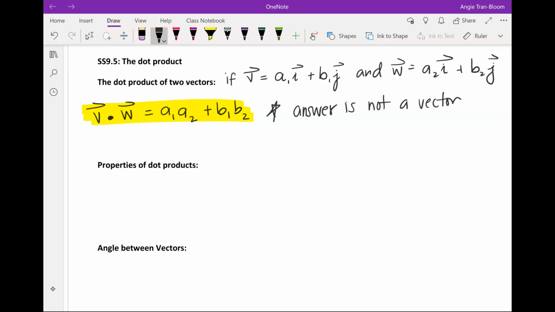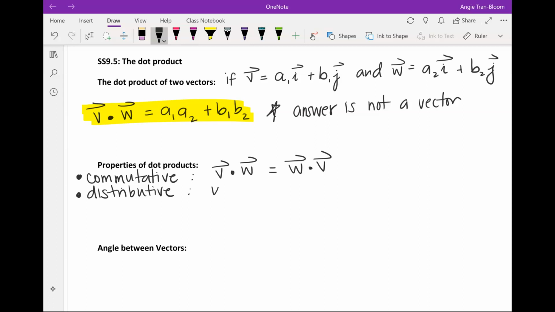Properties of your dot product. The dot product is commutative. That means if you have v dot w, it's the same thing as saying w dot v. It is distributive.